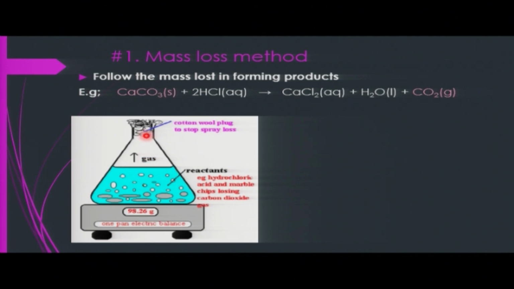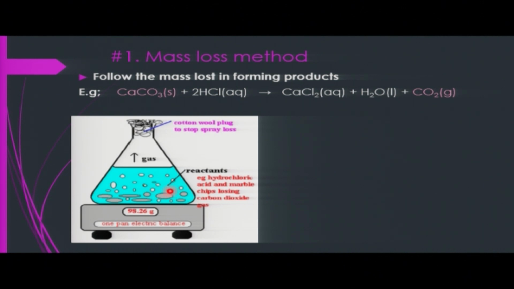So you need to seal up the container with cotton wool to prevent other fumes, other than the carbon dioxide, from coming out, because in that way you will be controlling the experiment.